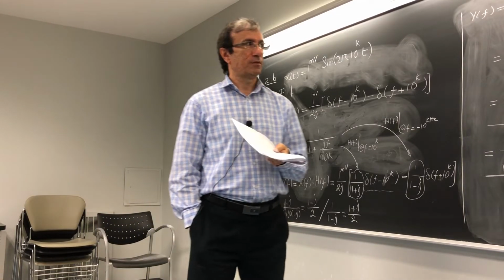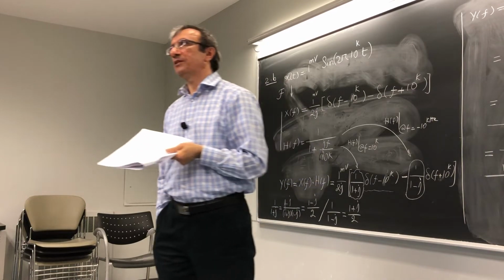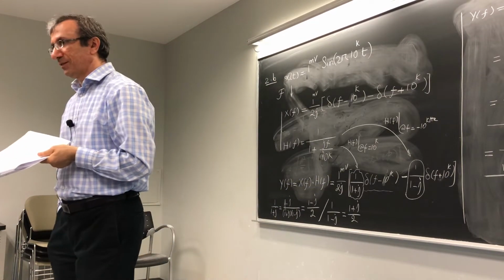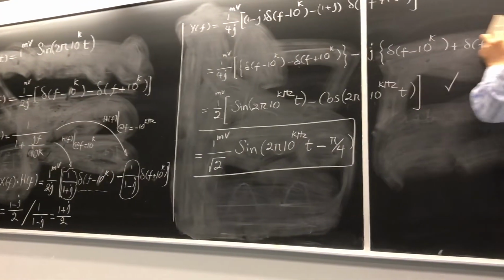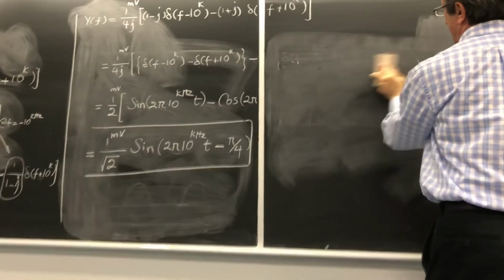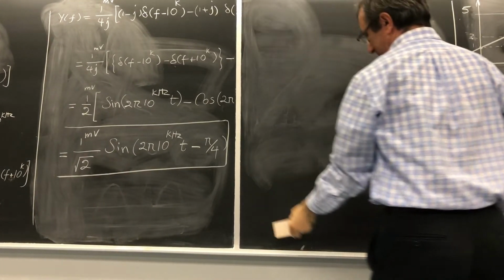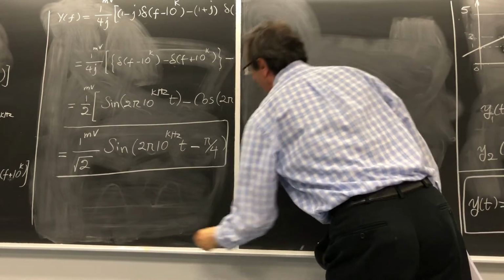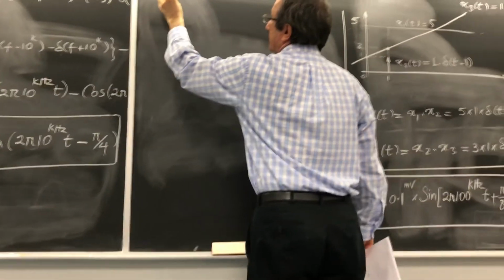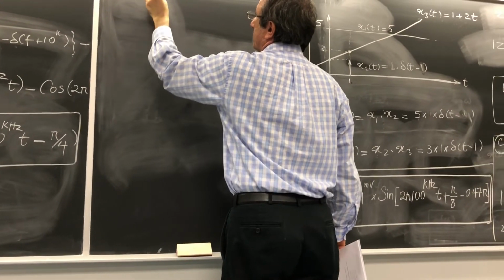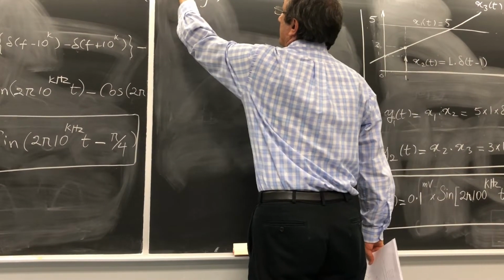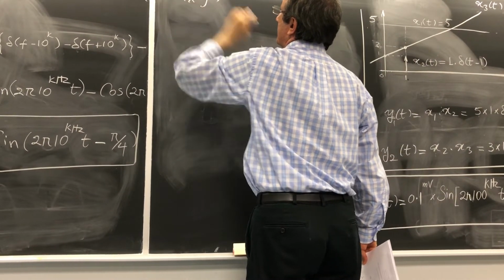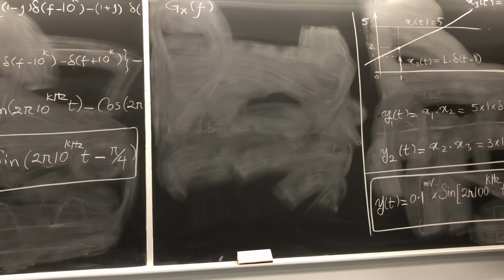So what we have for noise is PSD, power spectral density. G sub x of f, for instance, power spectral density of the input.